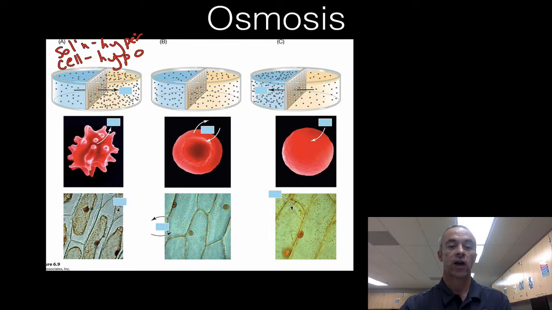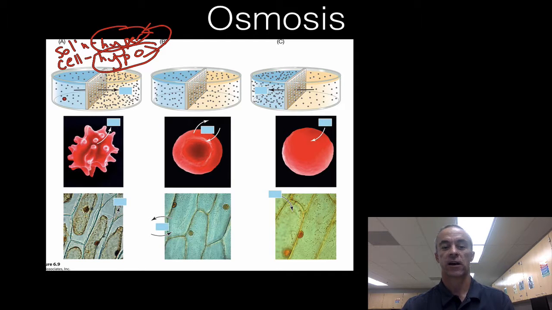So if you have a lot of dissolved solutes, a hypertonic solution, that's the same as having a low concentration of water. If you have a hypotonic solution, that's the same as having a high concentration of water. So the water is always going to flow from the hypotonic solution to the hypertonic solution.